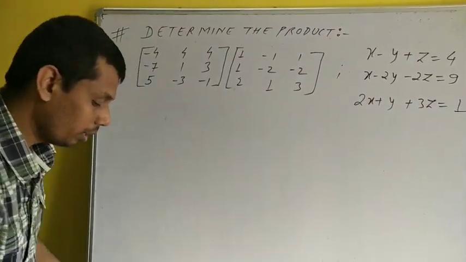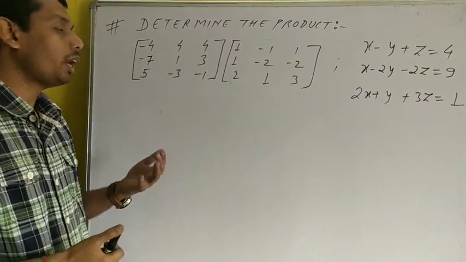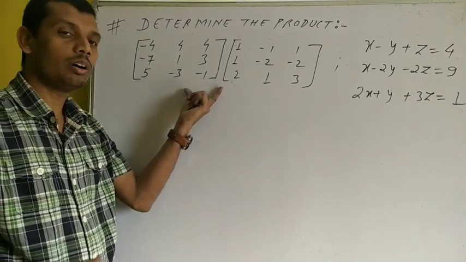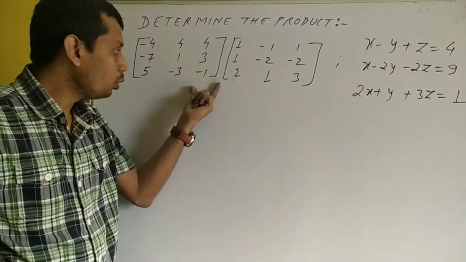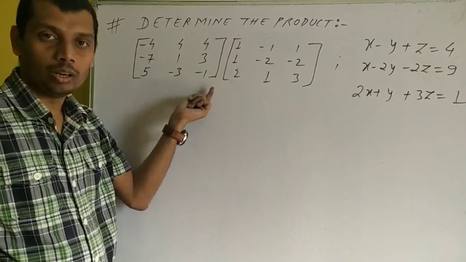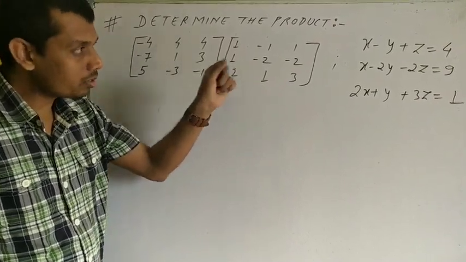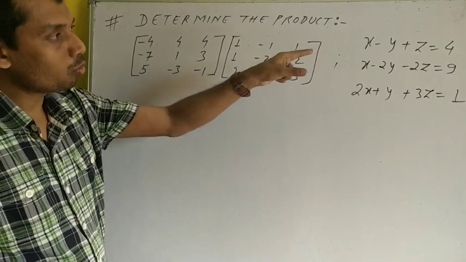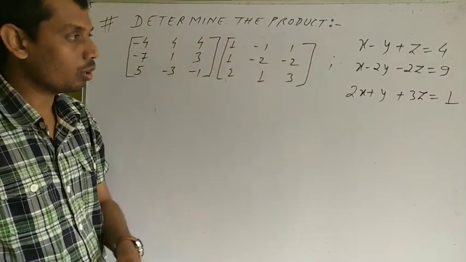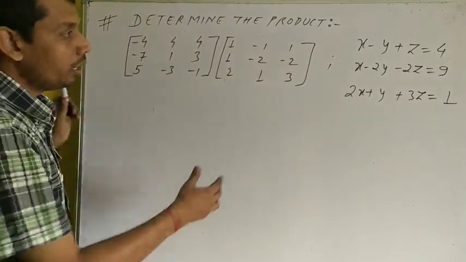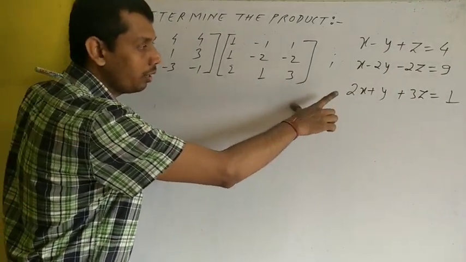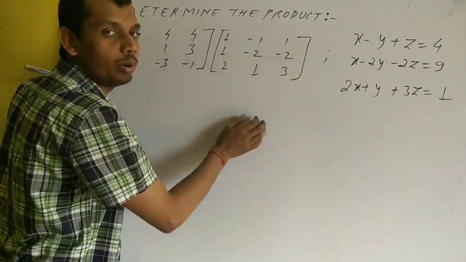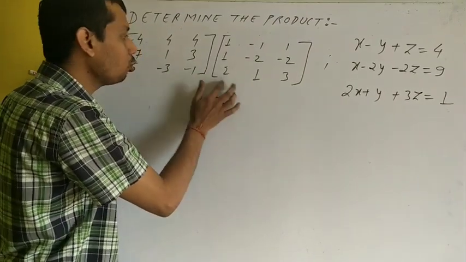Now we have to determine the product of these two matrices, and use this product to solve the system of equations. Let us determine the coefficient matrix of the given system and compare it with these two matrices.